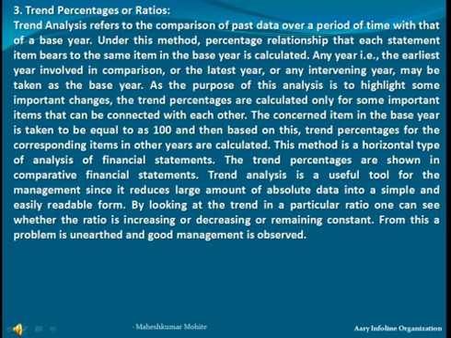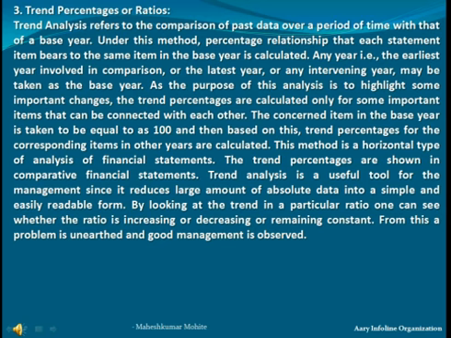As the purpose of this analysis is to highlight some important changes, the trend percentages are calculated only for some important items that can be connected with each other. The concerned item in the base year is taken to be equal to 100, and then based on this, trend percentages for the corresponding items in other years are calculated.